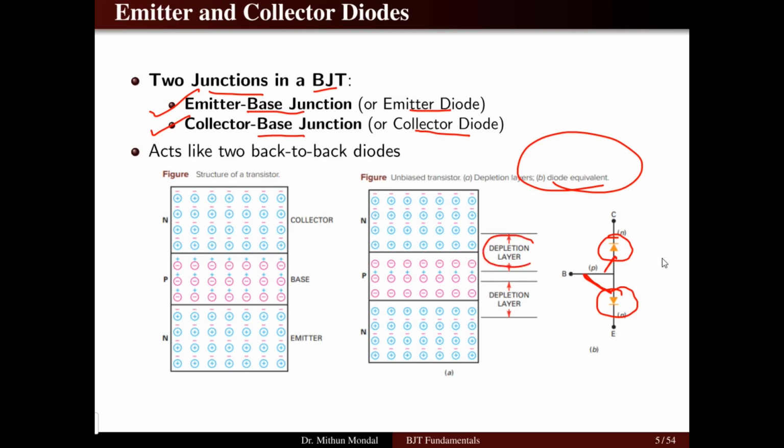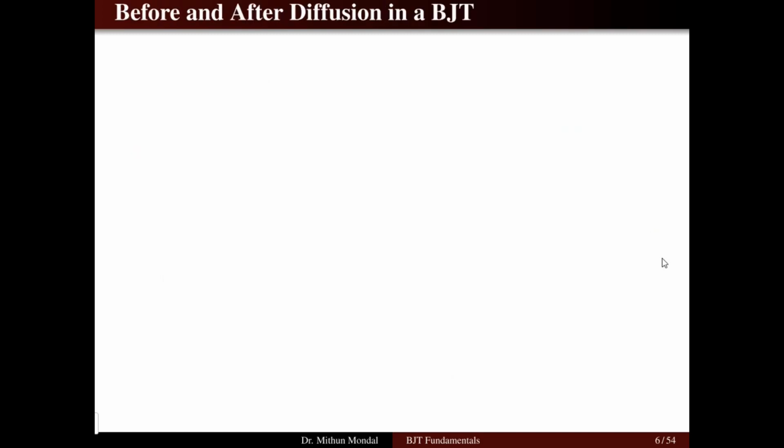The depletion layer formed between the different types of charges present in the emitter, collector, and the base will lead to the formation of two depletion layers in the bipolar junction transistor. So it acts like two back-to-back diodes connected at the two junctions.